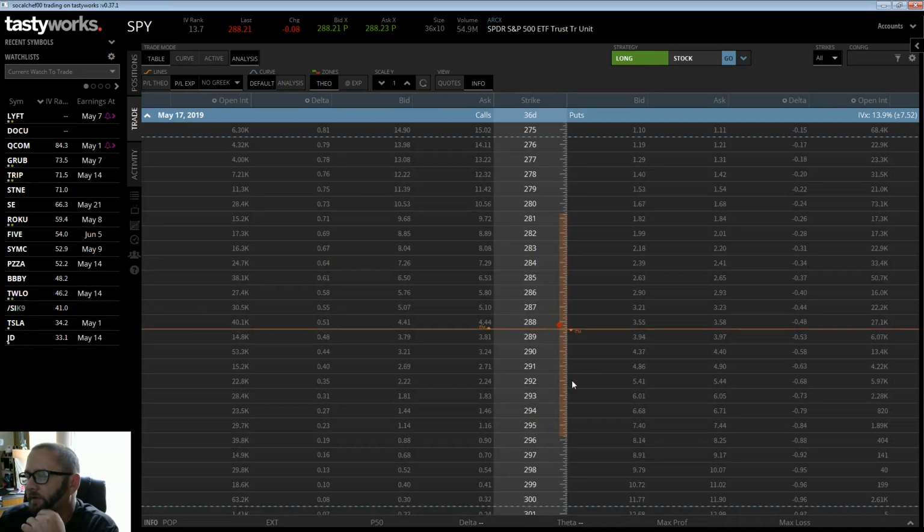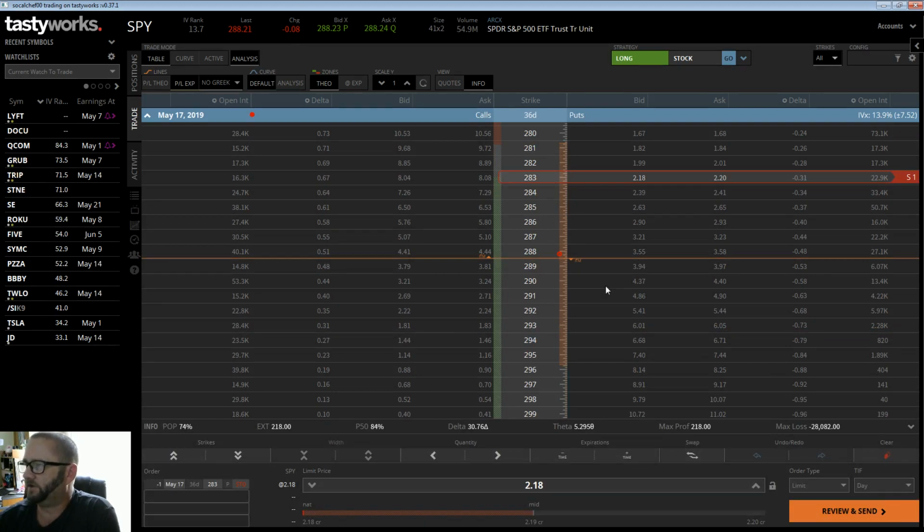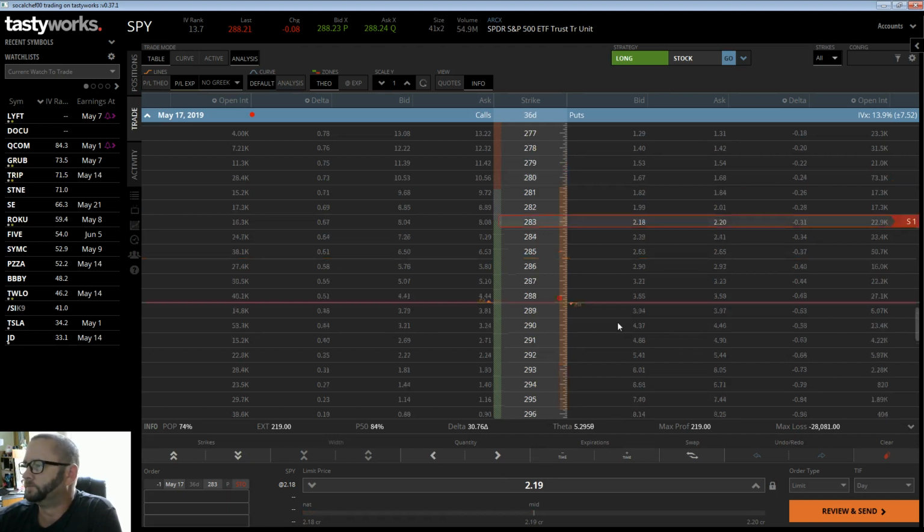Open that up, and if you thought SPY was going to go up, then you want to be short on the put side. So you look for the 30 delta first to just see where you're sitting with it, right? So you're going to short the 30 delta one, which is going to be this 283, okay? Sell to open the 283 strike. And that's giving you 219 as mid price right now, okay?